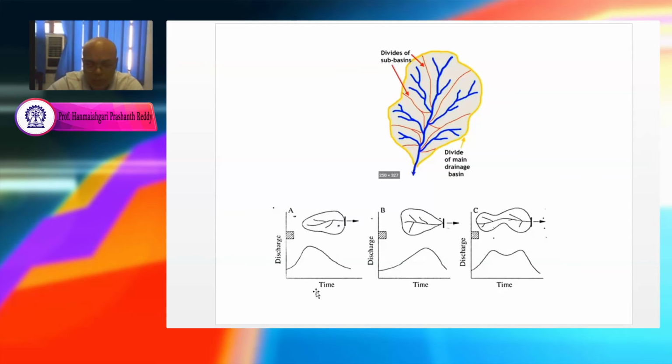Suppose we consider two watersheds: one has an area of 1000 square kilometers, and another has an area of, let's say, 100 square kilometers. For a given rainfall, the time base of the larger watershed will be larger.